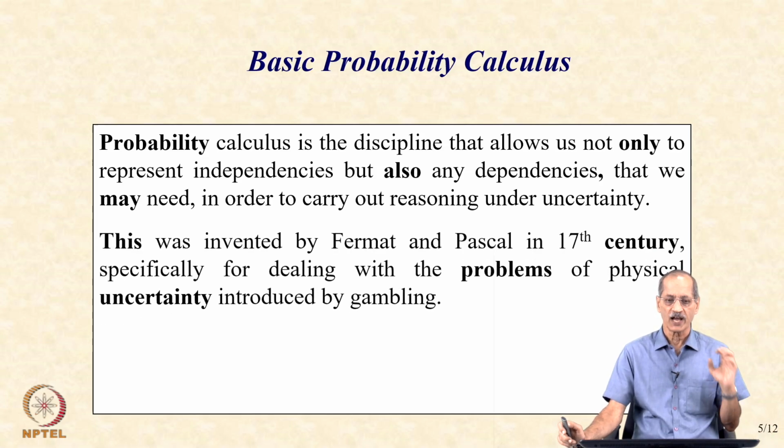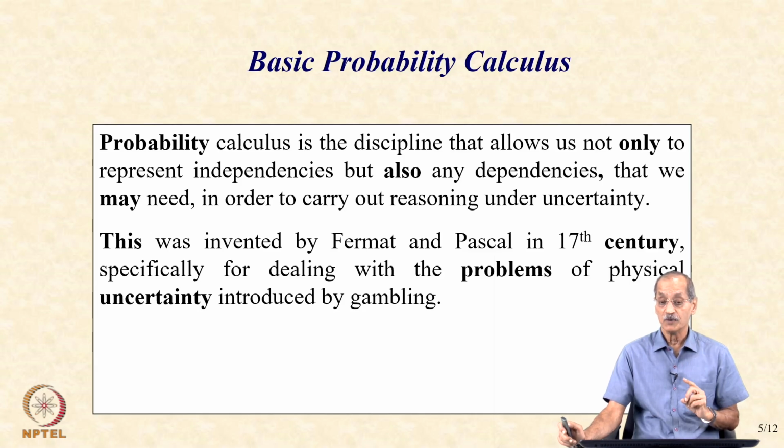Of course, this whole idea of probability calculus was invented by Fermat and Pascal in the 17th century, the famous mathematicians, specifically for dealing with problems of physical uncertainty introduced by gambling.